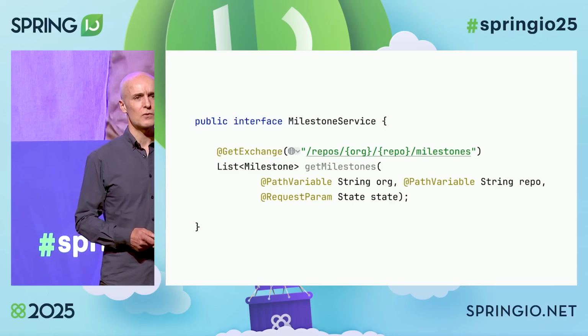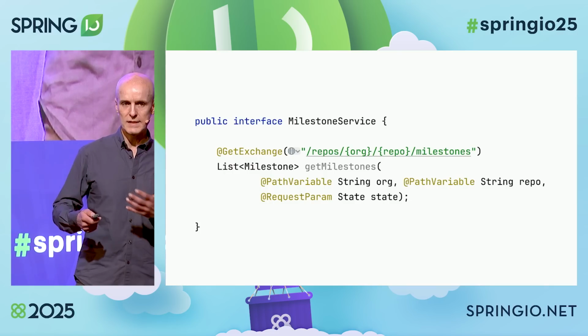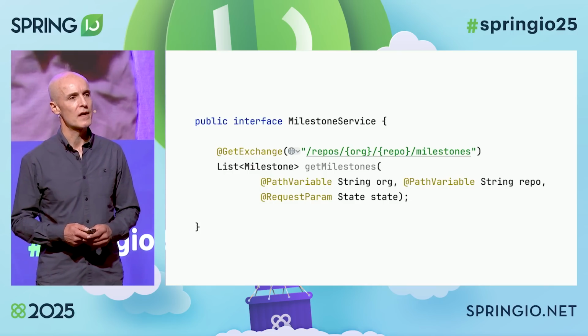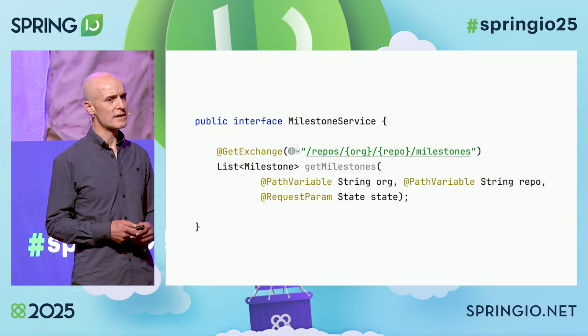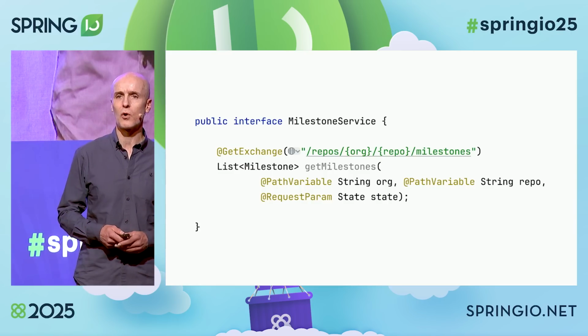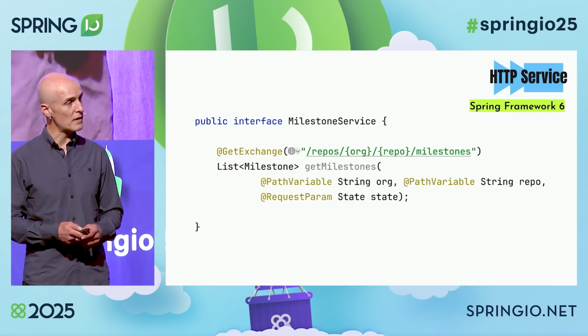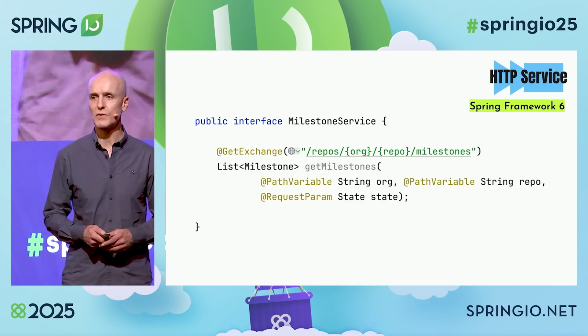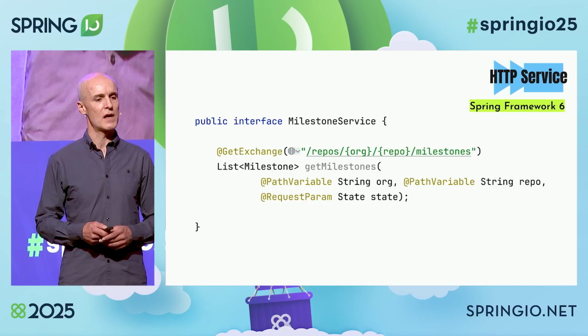For this, you can create a Java interface that expresses the details of the HTTP exchanges, and the rest can be automated. Historically, this has been the domain of Spring Cloud and OpenFeign, but as of Spring Framework 6, we have that option built into the Spring Framework, so you can create HTTP exchange interfaces.